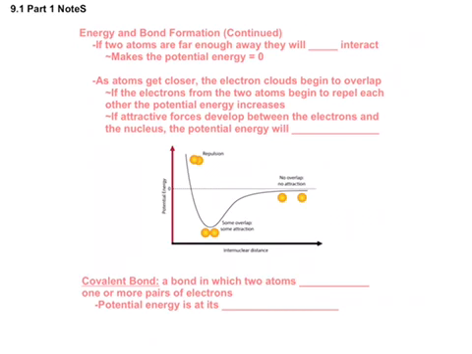In nature, chemical bonding is favored because most atoms will then have a lower potential energy. If two atoms are far enough away that they will not interact, their potential energy will be zero.